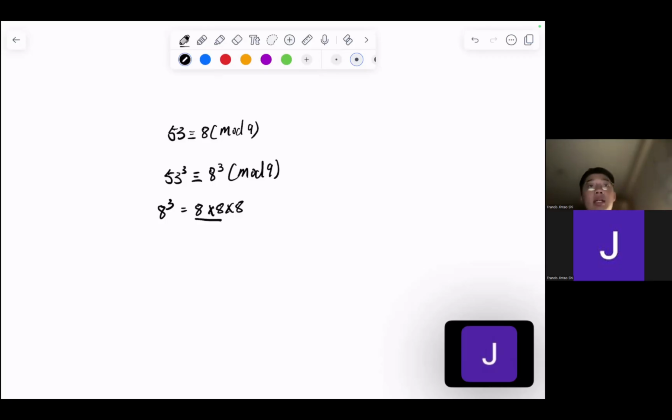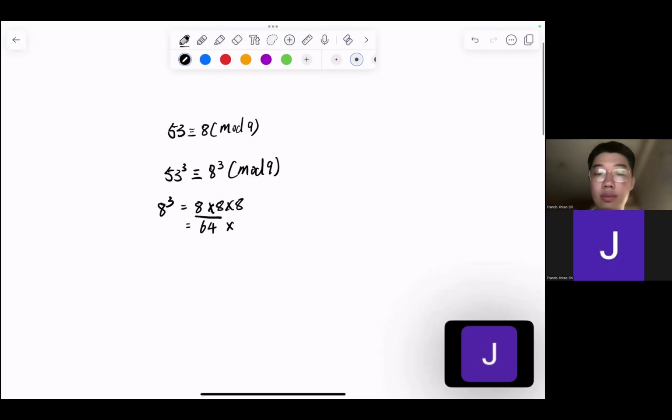And 8 times 8, as we know, is 64. So it will become 64 times 8. And the final answer will be 512. That's for 8 cubed.